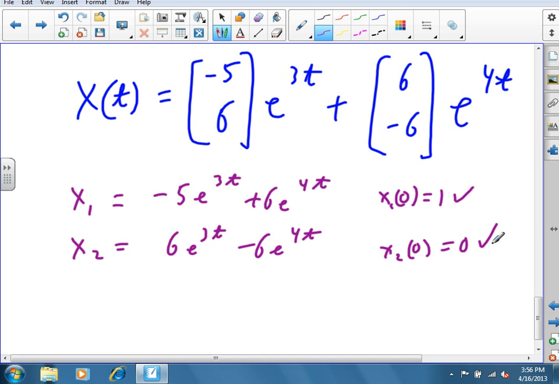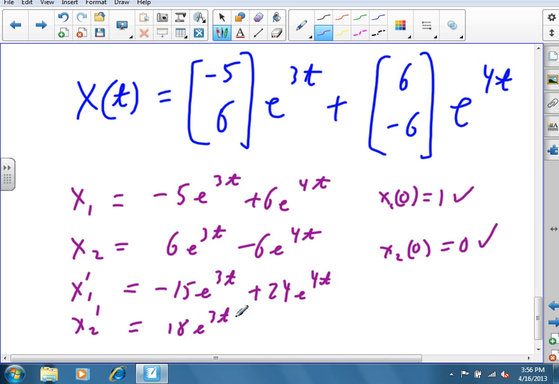Check, it is. x1 prime is minus 15 e to the 3t plus 24 e to the 4t. x2 prime is 18 e to the 3t minus 24 e to the 4t.